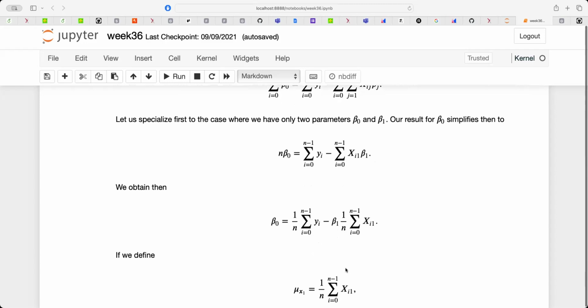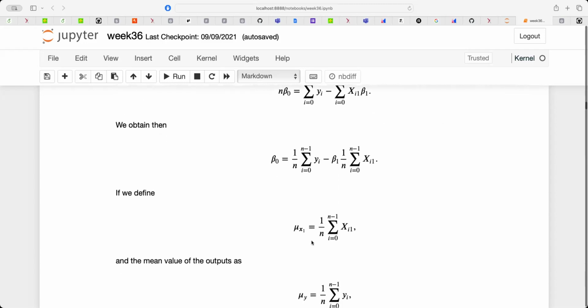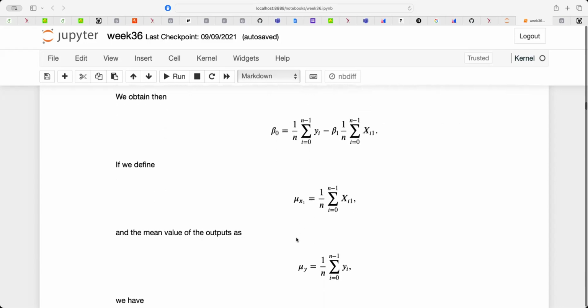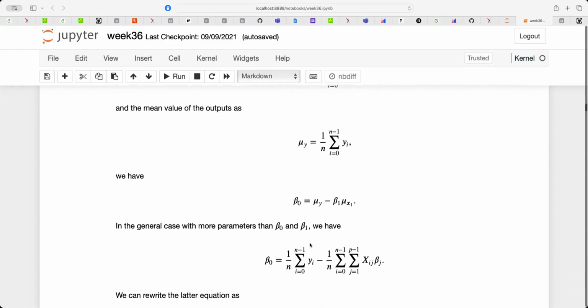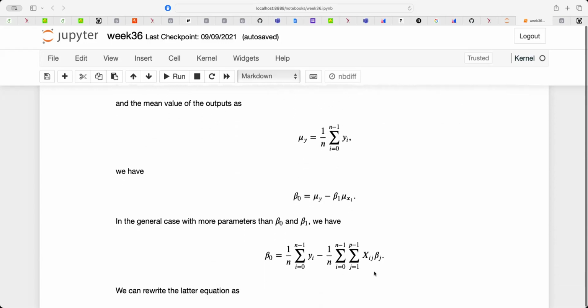So what you would have then is you subtracting the mean value of the output, and then the mean values of the given columns of your feature matrix, except the intercept column. So you end up with this expression, and the more general one would actually be that one. So when you fit without the intercept, you can always recover the intercept from that expression.